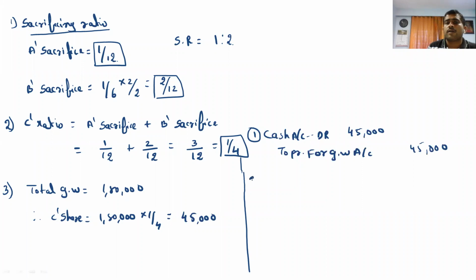Number two is what? Premium for goodwill account debited to A's capital account and to B's capital account. You know why? Because of the sacrifice ratio.